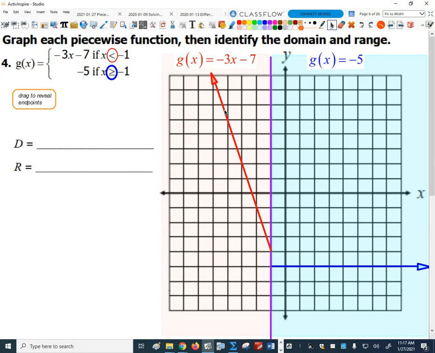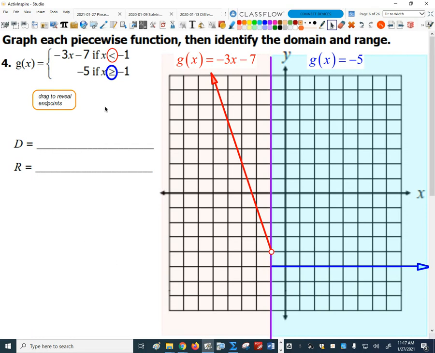Open or closed? If I'm not including x equals negative 1 in the red piece. I should get an answer from everybody on this. Yeah, it's open, isn't it? Okay, so there's the endpoint I get for my red piece.